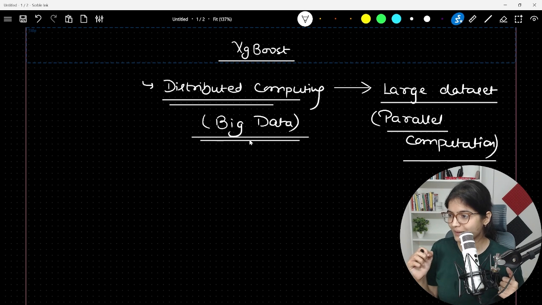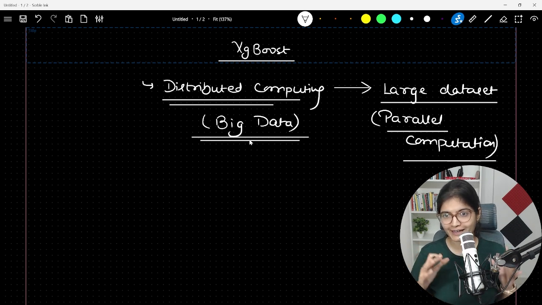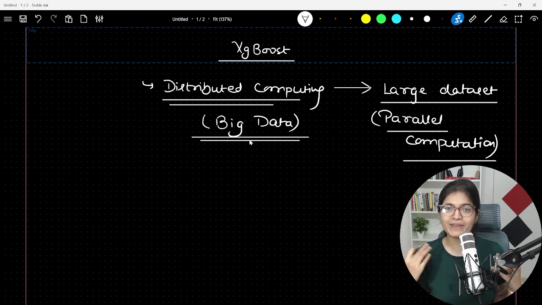So the literal meaning of distributed computing is that, across multiple machines, if we have a large dataset, we can do the computation and training in parallel and get results much faster compared to other machine learning algorithms. That's one of the biggest reasons, because in real-time scenarios, the majority of the time you will be dealing with a huge amount of data. So that's number one.